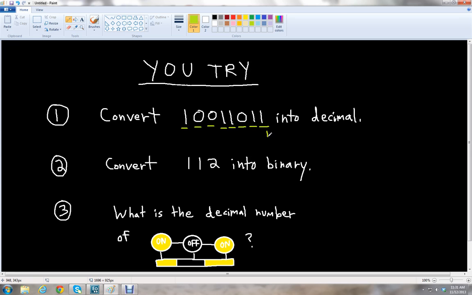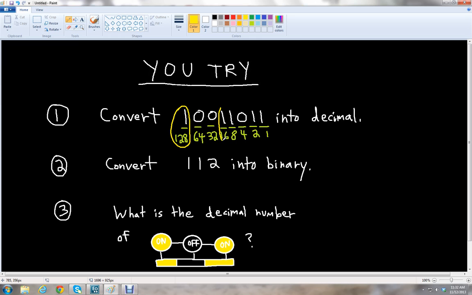So we'll have 1, 2, 4, 8, 16, 32, 64, and then double with 64 times 2 is 128. And then we circle the powers of 2 that have 1s.